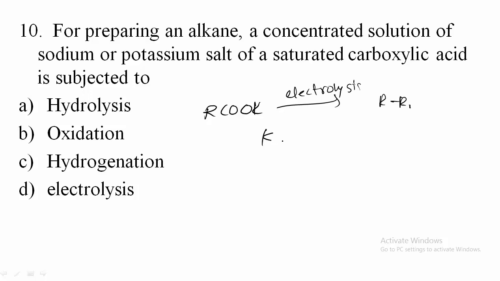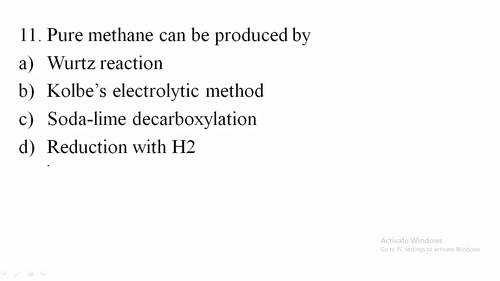Which reaction is it? Kolbe's electrolytic method. So therefore, by using Kolbe's electrolytic method, we can prepare the alkane by electrolysis. So which option is right here? Option D.